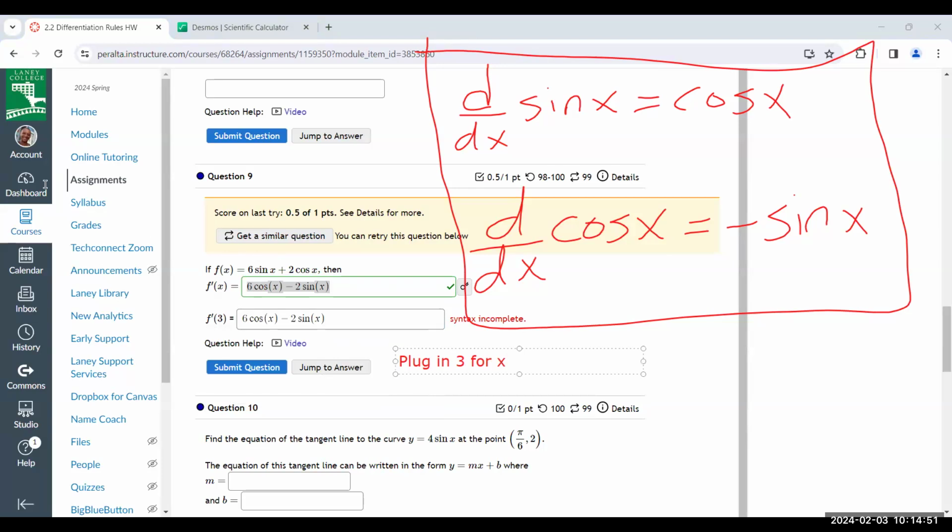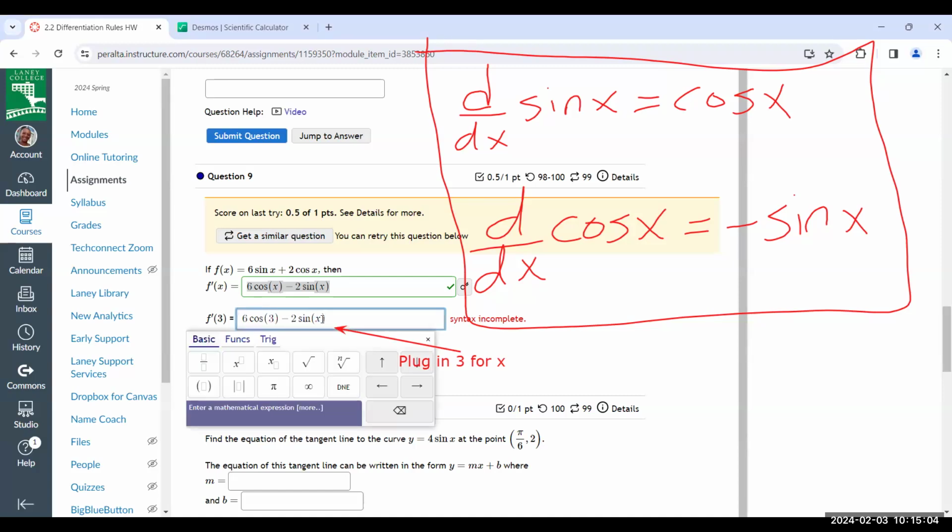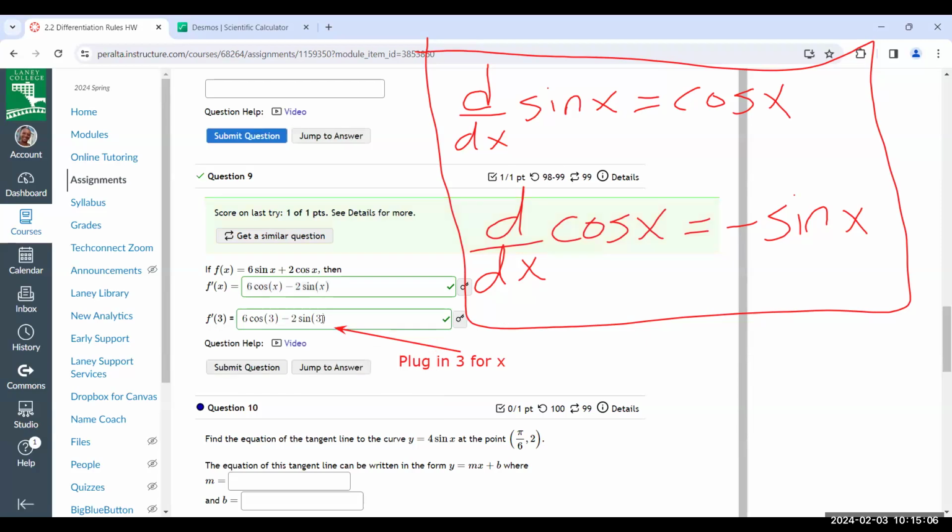So I'm going to replace these x's with 3's. And there we go. And we're done. So that's that.